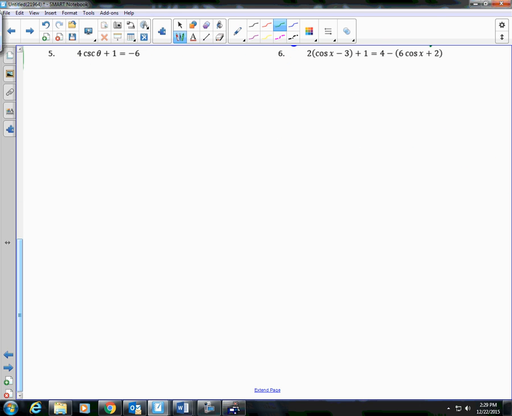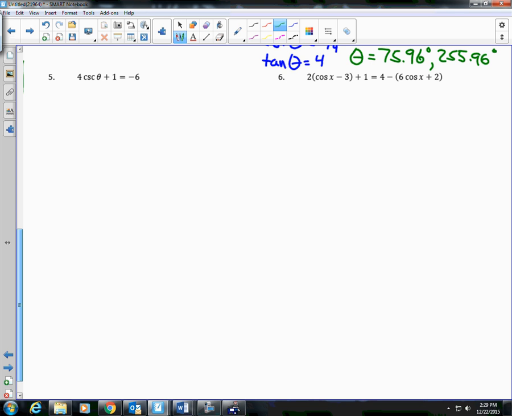Two more examples. Subtract the 1. 4 cosecant of theta is equal to -7. Okay, I got cosecant of theta is negative 7/4. What does that mean? What should I do now?